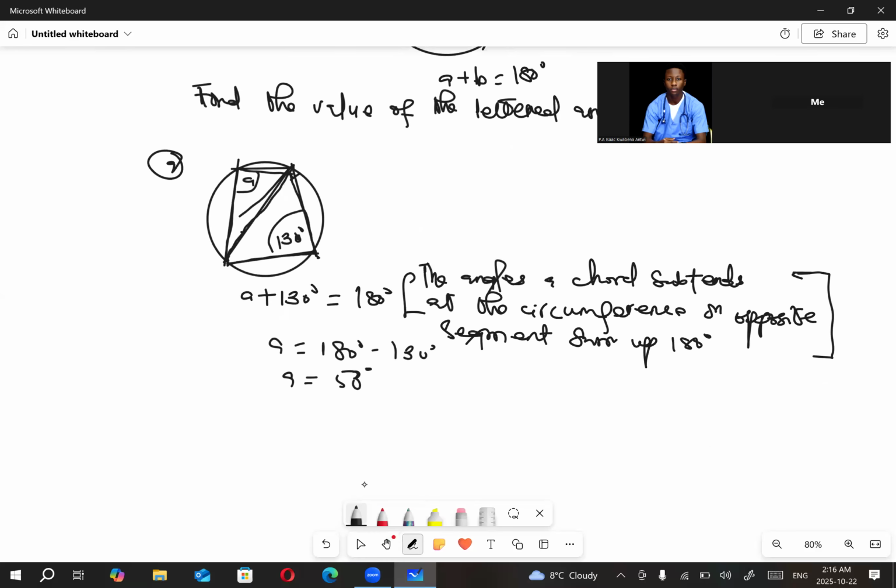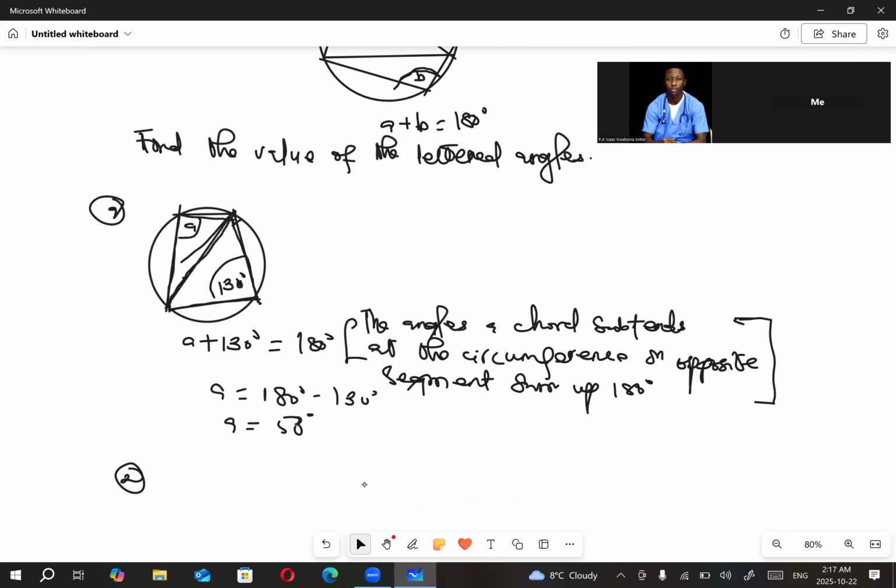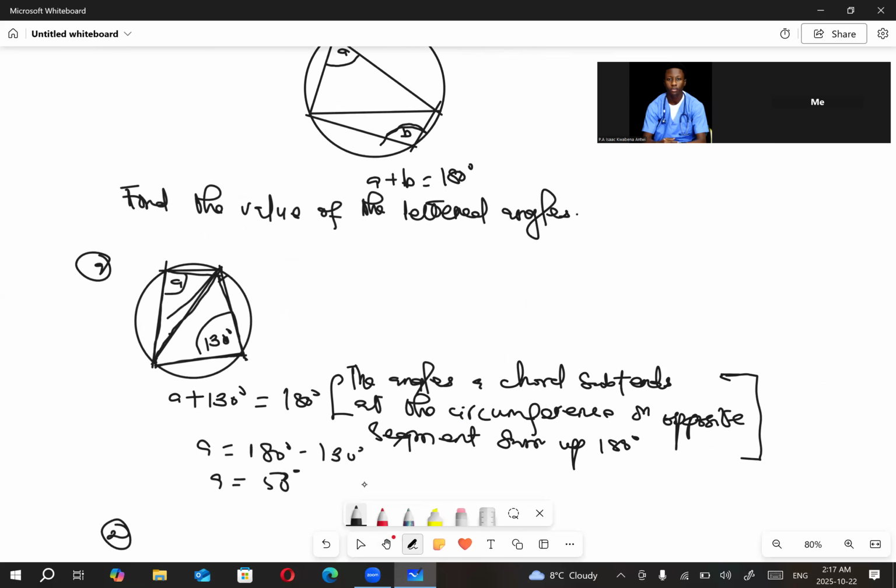So try this. I'm amending the question. O is a center. So if you see O anywhere, it is a center.